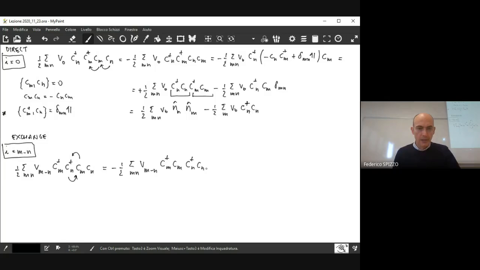So I've just exchanged those two terms, with the minus sign in front, and then I have plus 1/2 summation over m and n of v of m minus n. At this point, I have c cross m. Then in place of the central terms here, I have just delta m n times identity, and then I have the last operator, cn.